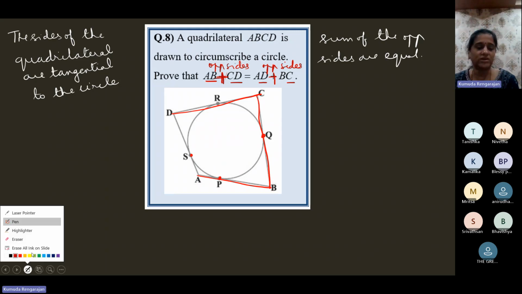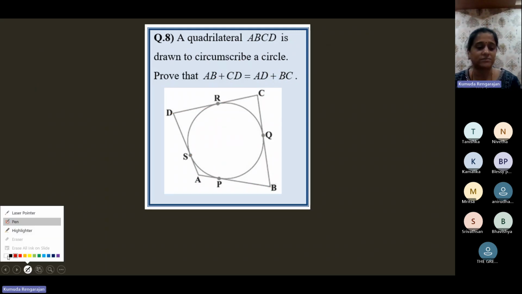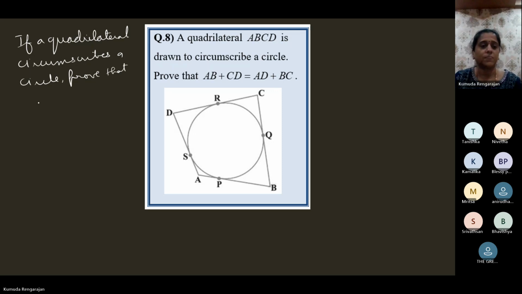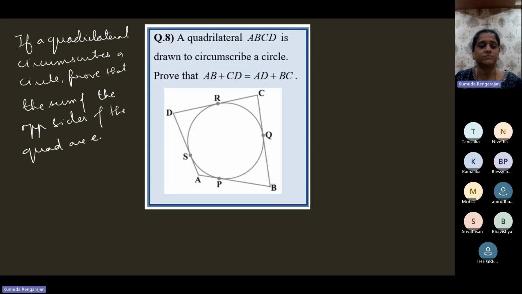So you can recreate the question like this. If a quadrilateral circumscribes a circle, prove that the sum of the opposite sides of the quadrilateral are equal.